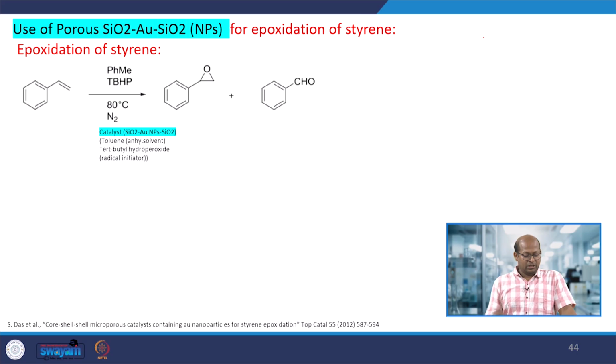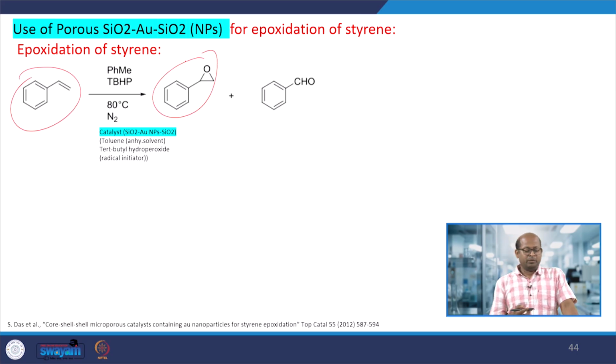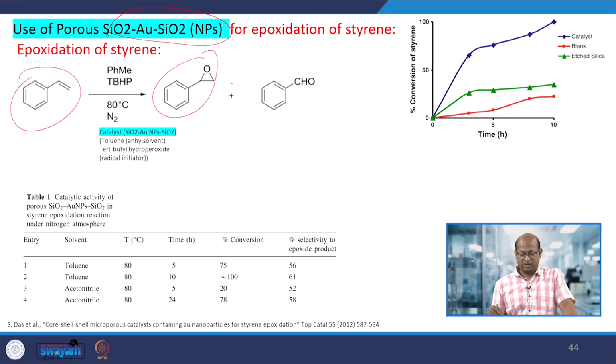Here you can see the reactants and the products. It can be converted by using this type of nanomaterial for epoxidation reactions, and the conversion is very high as compared to the conventional catalyst.